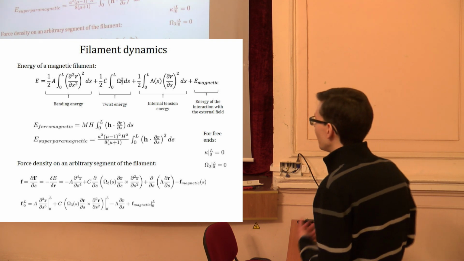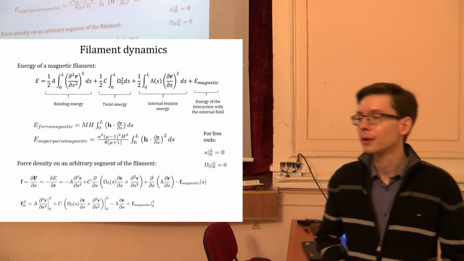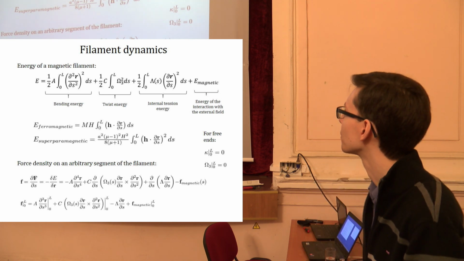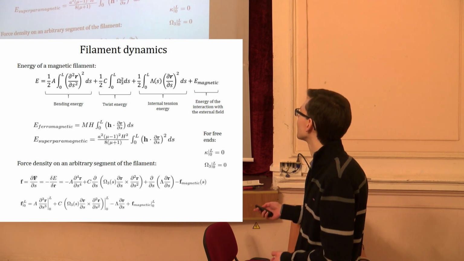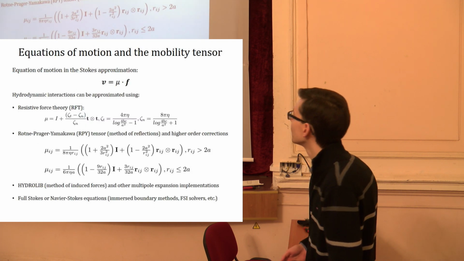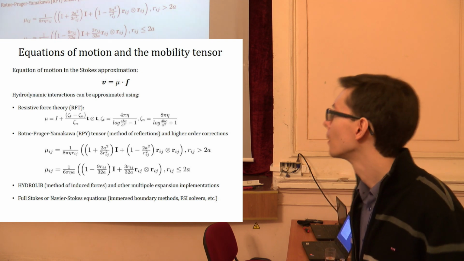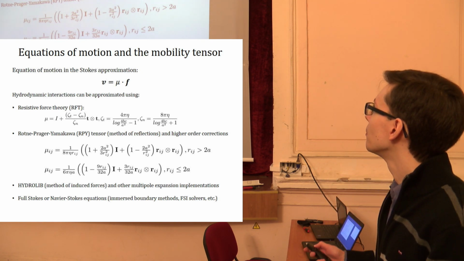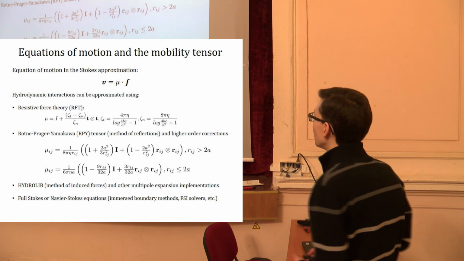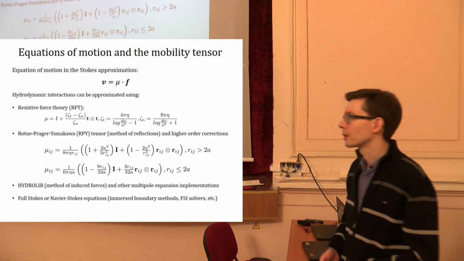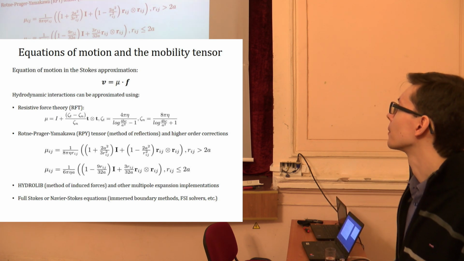Now, if we were only interested in describing the shapes of filaments in a vacuum, this would be all we need. Unfortunately, typically we're interested in filaments in fluids, so in order to obtain equations of motion, we also need some hydrodynamics. The most primitive approach to this, and the one by far the most widely used in the literature, is the so-called resistive force theory approach.